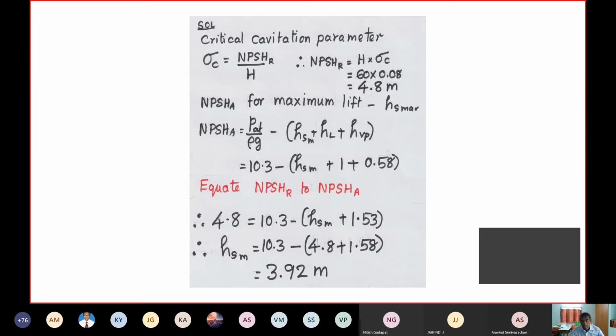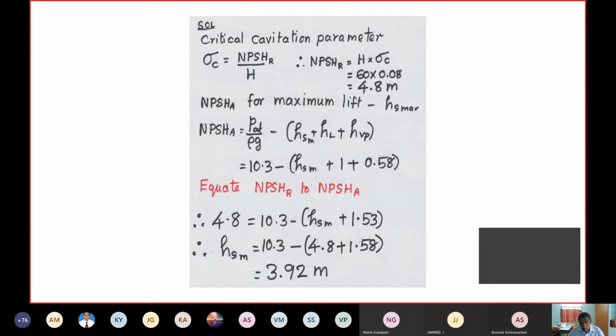Now we will find out the NPSH available. Actually what is asked is what maximum value of suction head you can provide. So that suction head must be the available one maximum. So that is equal to P atmospheric by rho g minus H suction maximum minus HL minus H vapor pressure. So it will be equal to 10.3 minus the sum of all the three.